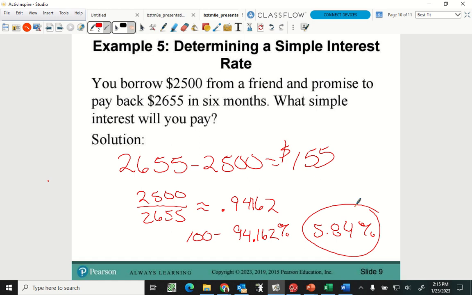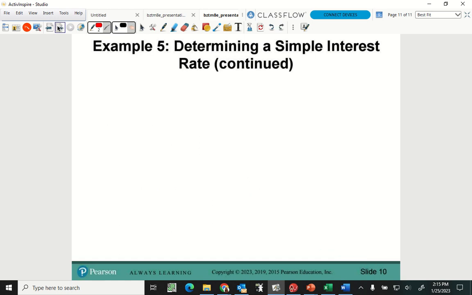Now, there's another one that I said we're going to do the algebra for. So, I equals P R T. I'm just going to show you some simple algebra. If I want P by itself, what would I do to get P by itself? Divide both sides by RT.